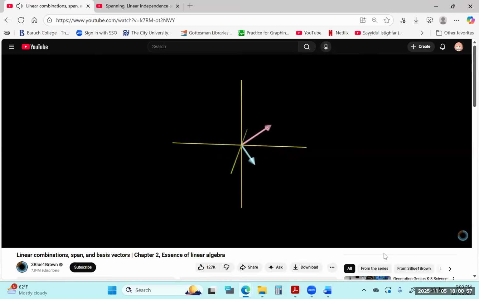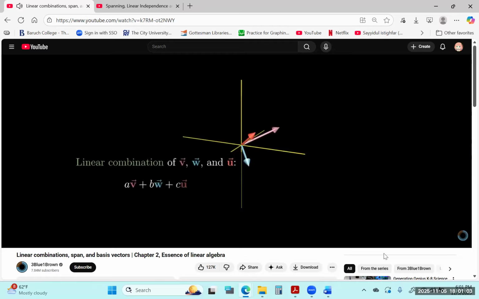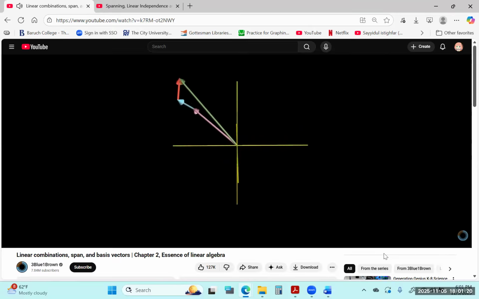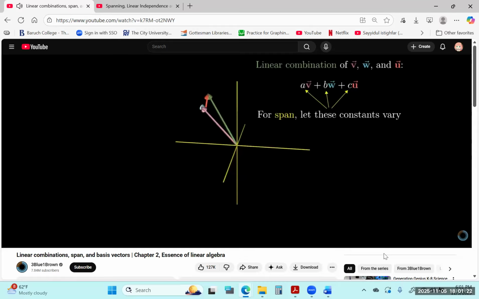So what happens if we add a third vector and consider the span of all three of those guys? A linear combination of three vectors is defined pretty much the same way as it is for two. You'll choose three different scalars, scale each of those vectors, and then add them all together. And again, the span of these vectors is the set of all possible linear combinations. Two different things could happen here.